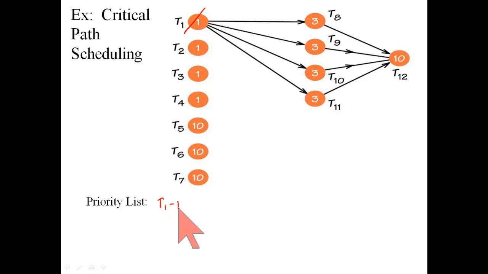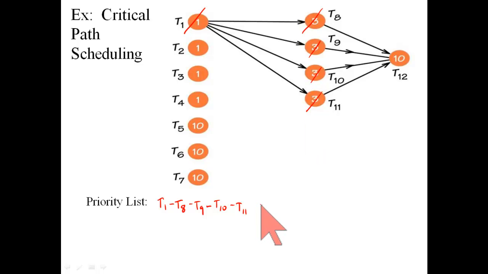And so task 8, for example, could go in. Once that's done, then task 9 to 12 would be the critical path, and task 9 is at the head of that, so it goes in the priority list. Then 10, then 11. At this point, the critical path is T11, T12. So that's gone.